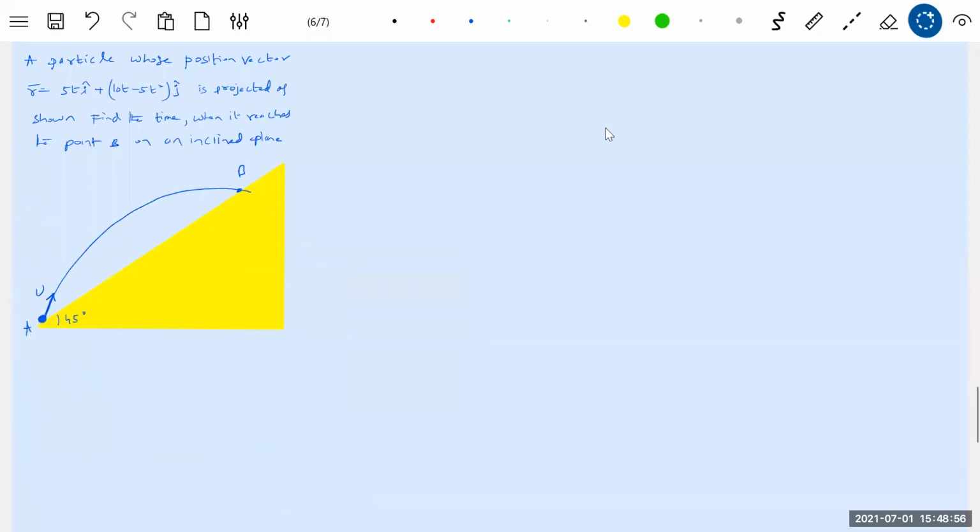A particle whose position vector is equal to 5t i cap plus (10t minus 5t square) j cap is projected as shown. Find the time when it reaches the point B on an inclined plane. No other further information is available.